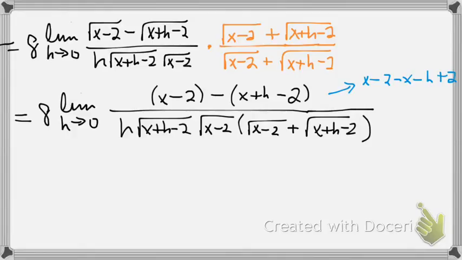Would you guys agree? In which case, x minus x and negative 2 plus 2 all cancels out. So in fact, the only thing left in the numerator is a negative h, which is going to reduce with the h in the denominator.